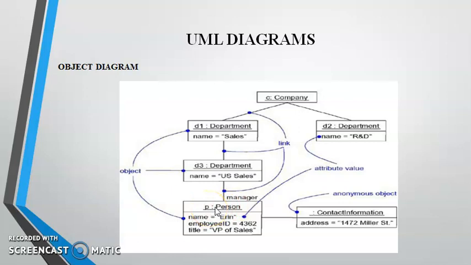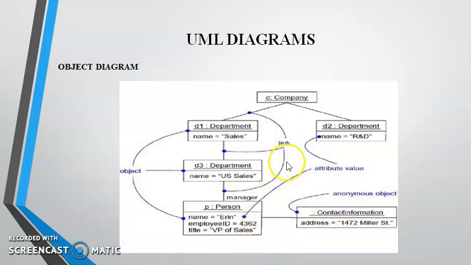Under the person we are writing the contact information. We are not creating an object for it, so it is called an anonymous object. Anonymous object means a class or object which is not associated with any object or class. It means we can't refer to them beyond the point where they are created.